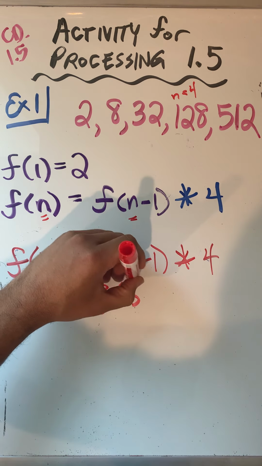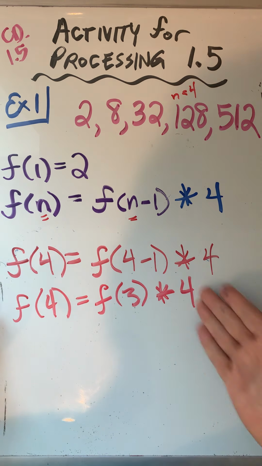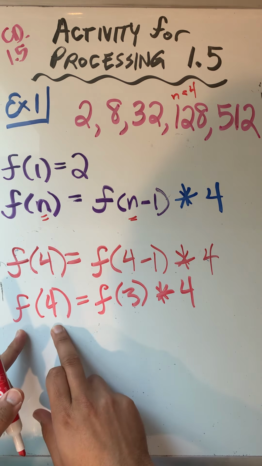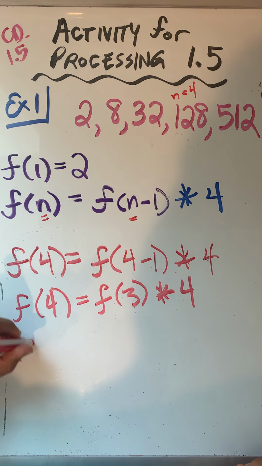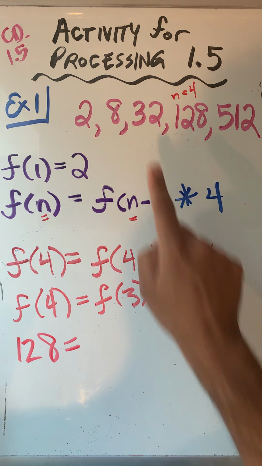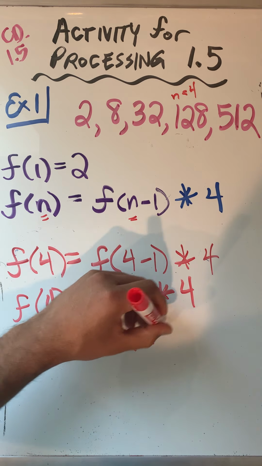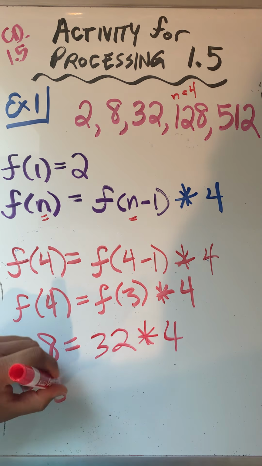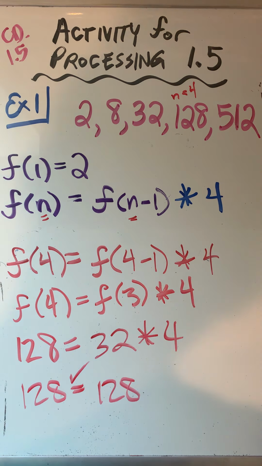It is the result of taking the third term and multiplying it by 4. So basically, by writing this out, we're saying that the current term, or term value, 128, is the result of taking the previous term, f of 3, right here, and multiplying that by 4. And that is basically what we're doing there.